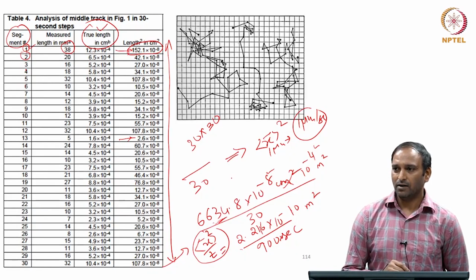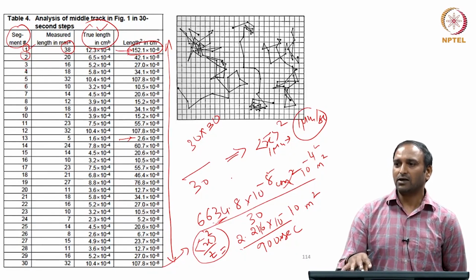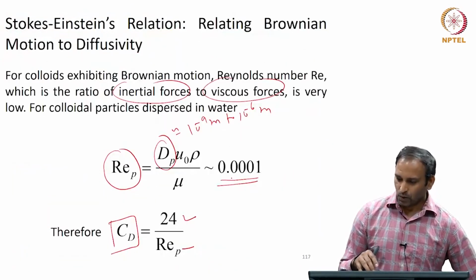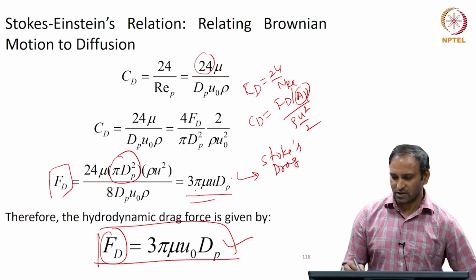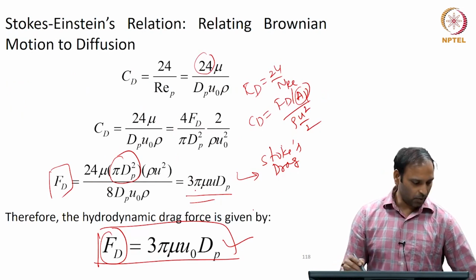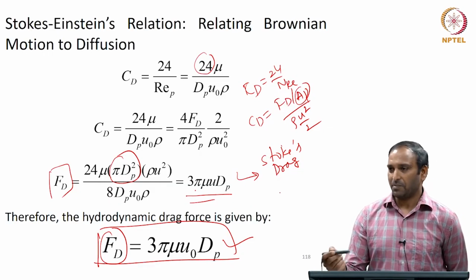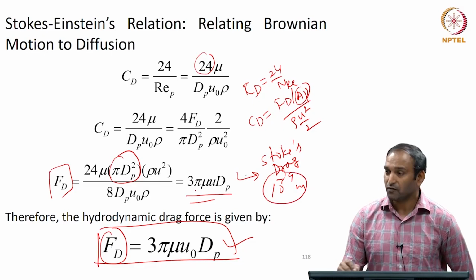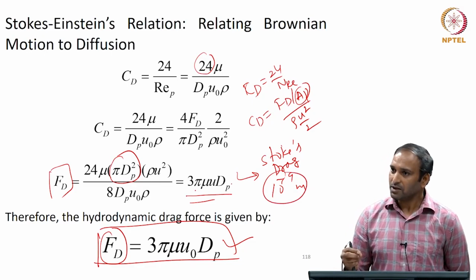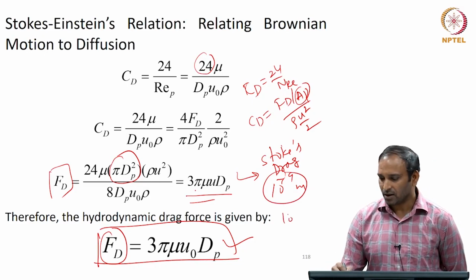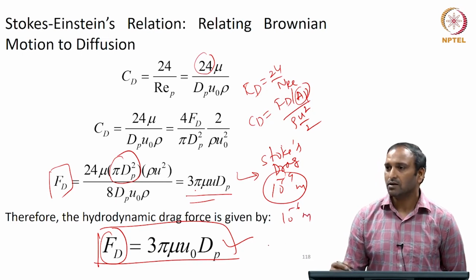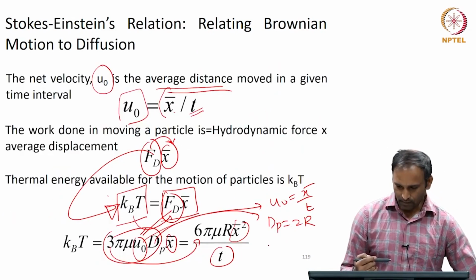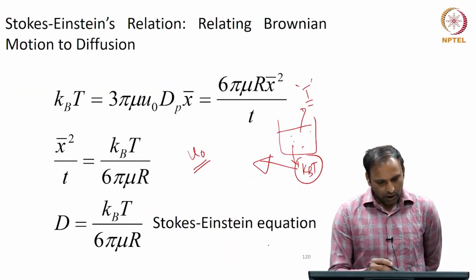So on average, particles in a fluid maintained at a particular temperature will move with a velocity which again depends on the size of the particle. If you have a 10 power minus 9 meter nanometer size particle, of course, it is going to move with a much larger velocity compared to a particle which is 10 power minus 6 meter in size.